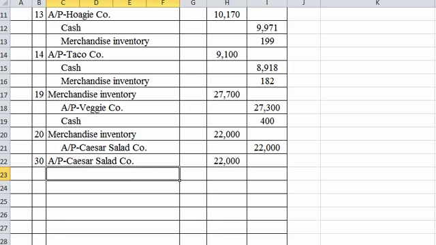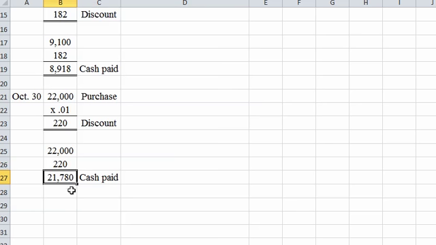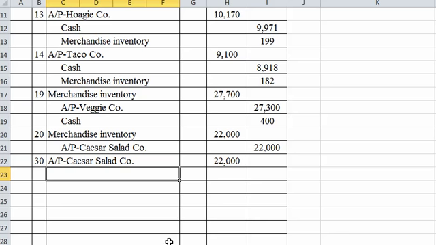Now we're going to credit cash for the amount paid, $21,780. So an asset decreases on the credit side.